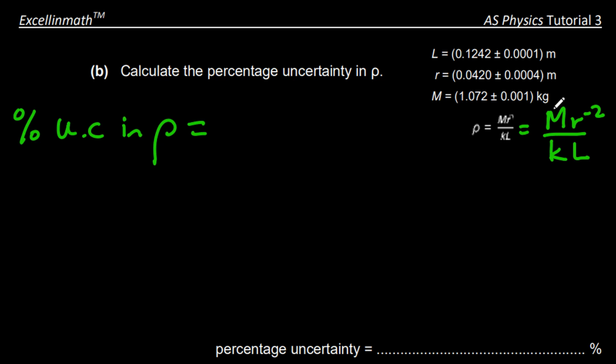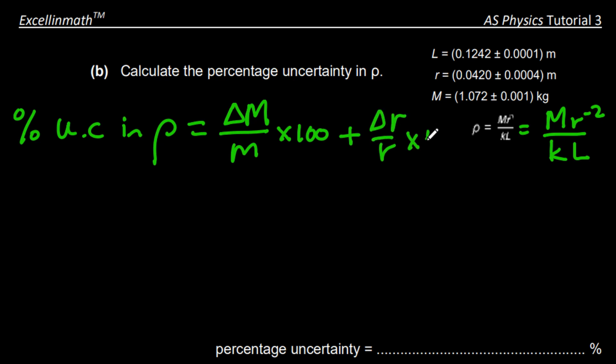So we have to add the percentage uncertainty of m to that of r and then to that of L. So the percentage uncertainty in rho will be the percentage uncertainty in m plus the percentage uncertainty in r plus the percentage uncertainty in L. And we can ignore k because it's a constant.